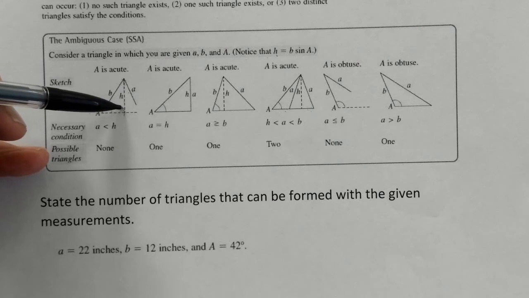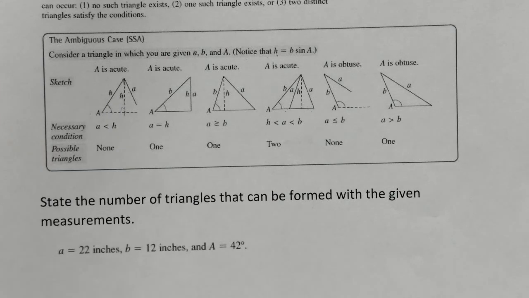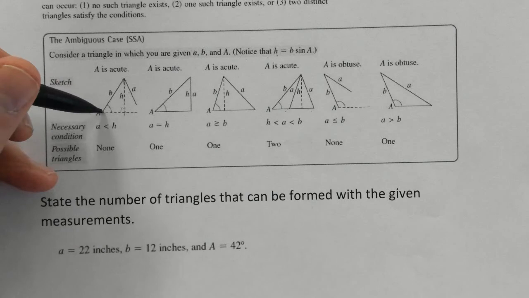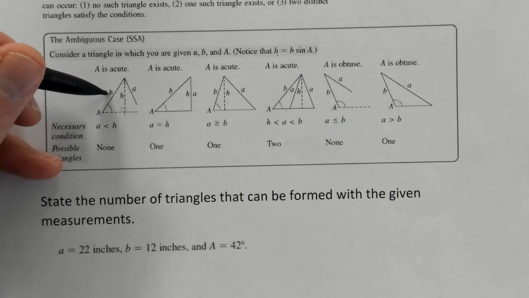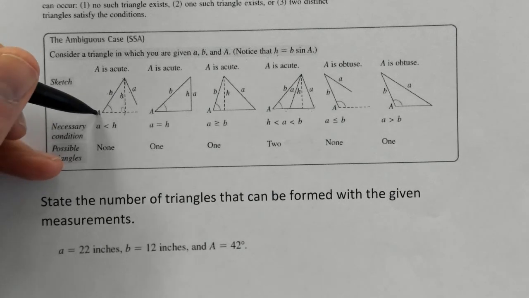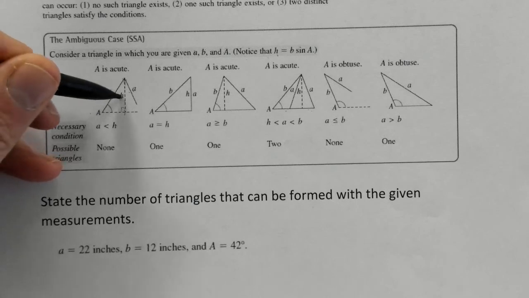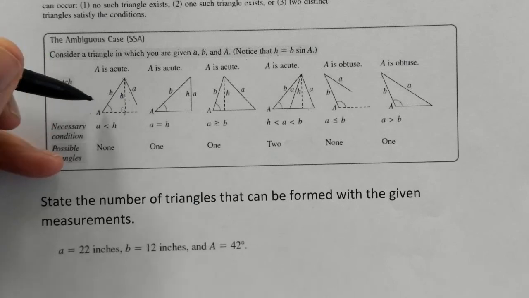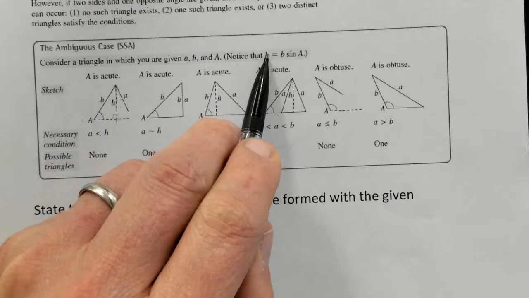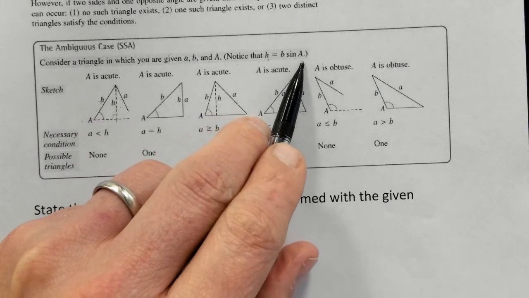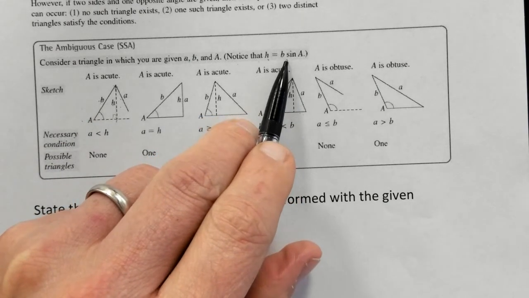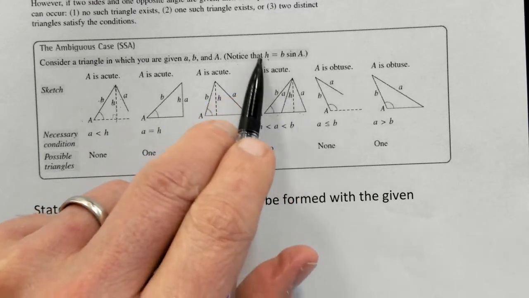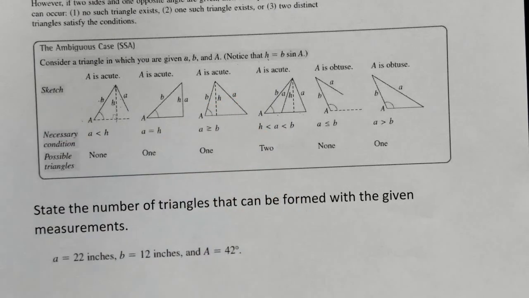If this is an altitude, that'll be a 90-degree angle there, so h is the opposite and b is the hypotenuse. So sine of A equals h over b. If you multiply both sides by b, you get h equals b times the sine of A. That's where that equation comes from, and that's how you calculate the altitude, the value of h.